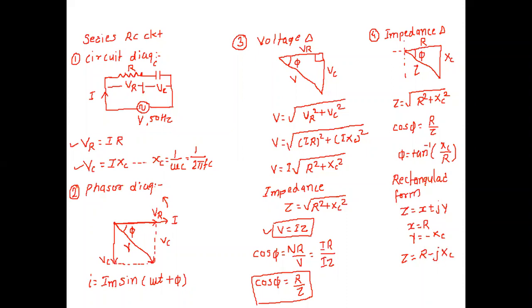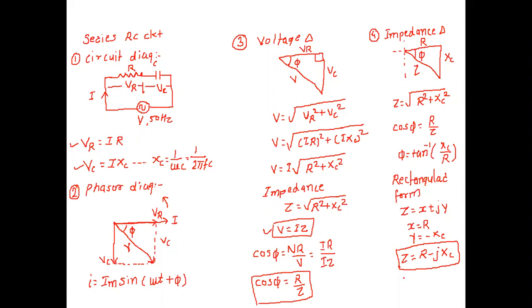So what you have to concentrate on, whenever the impedance is written in rectangular form, is the sign. Here that minus sign indicates that this is the impedance of a capacitive circuit.